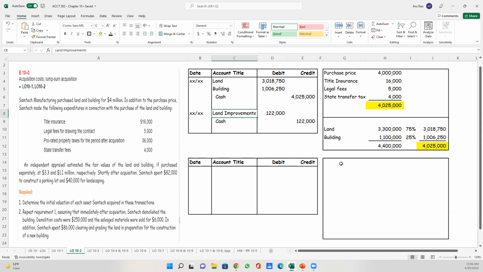So let's go through this exercise again and see what we're going to do. Start with the purchase price. I paid $4 million. Okay. Now let's go through the other numbers. Title insurance. Yep, I add that over here. Next item is legal fees. Yep, I add that. Once again, that $36,000 you're going to skip. State transfer tax. Yes, $4,000. Okay.